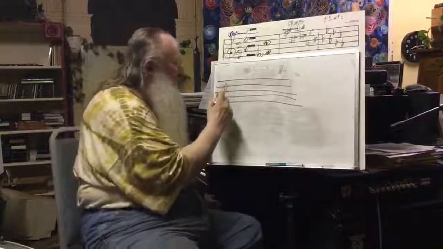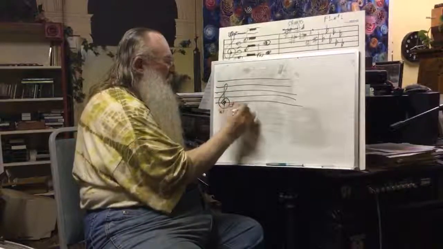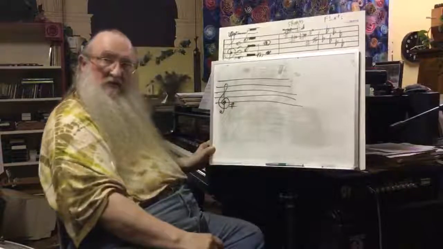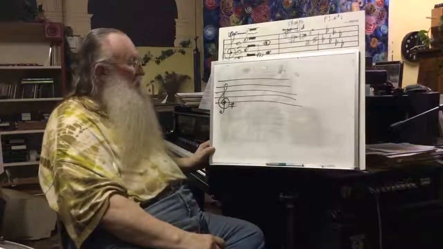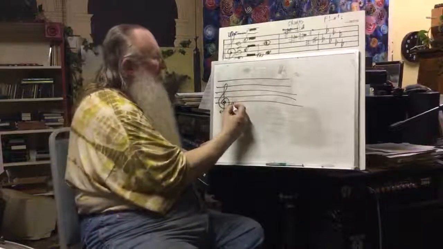But what's going to happen now is the F sharp is going to start down here. That's where F sharp is going to be, below the G. And then the next one, I just go up 5.